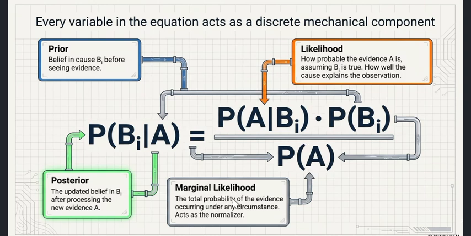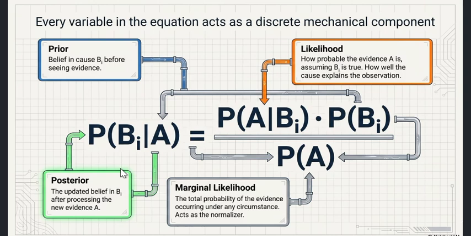Then comes the marginal likelihood, which is P(A), the total probability of the evidence. It is a normalizer. And here is the posterior, the updated belief in Bi after seeing A.